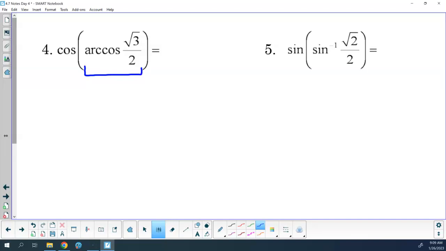Where is that? Pi over 6. Okay. So this would then be the cosine of pi over 6, which is root 3 over 2, correct?